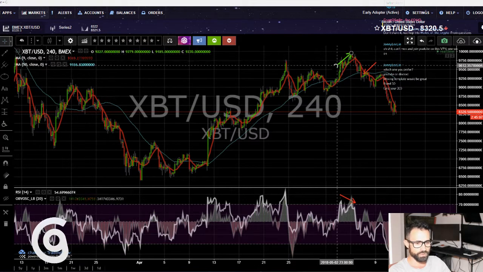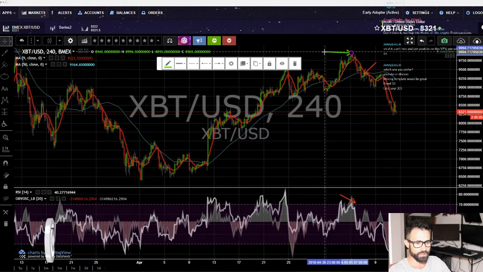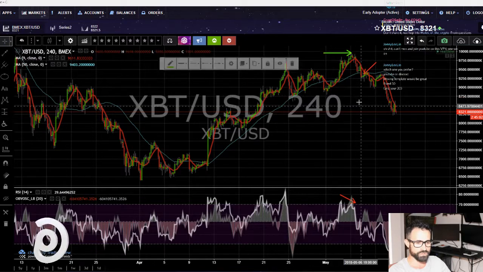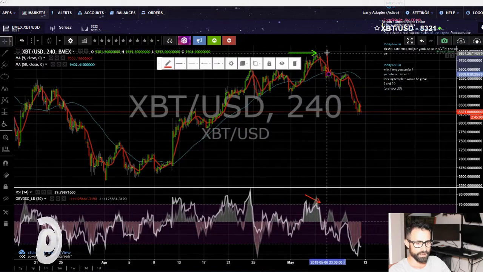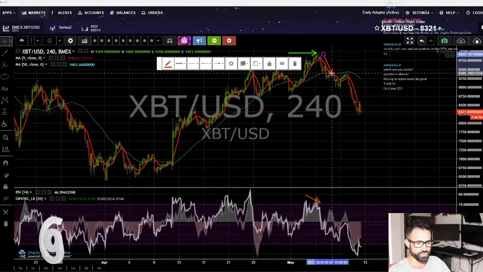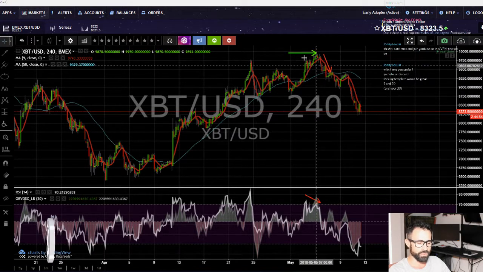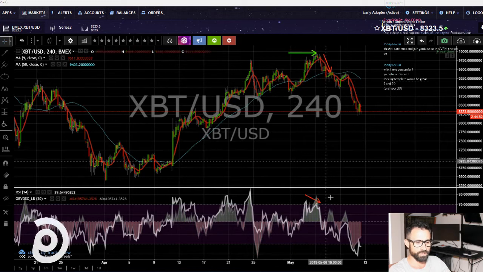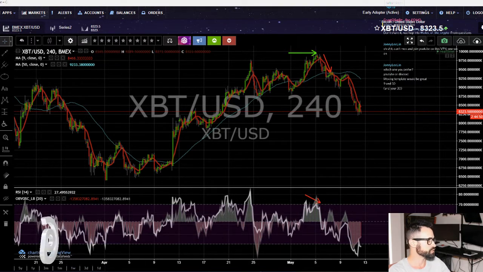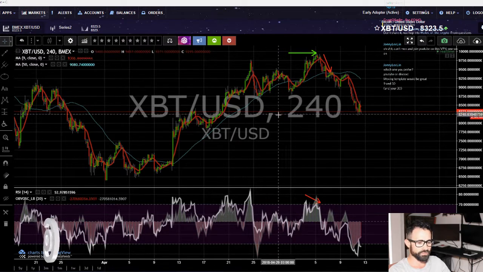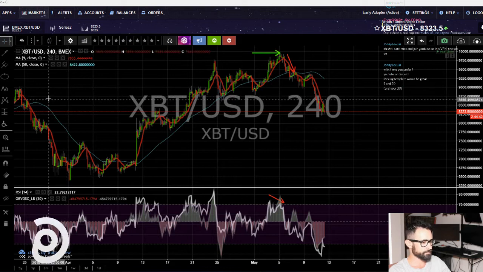So one would close their long here at the top on that divergence, and then if they wanted to wait for a short, this would have been the short. Or they could short the top, depending on how confident one is with their divergence. Is everybody following me up to this point?